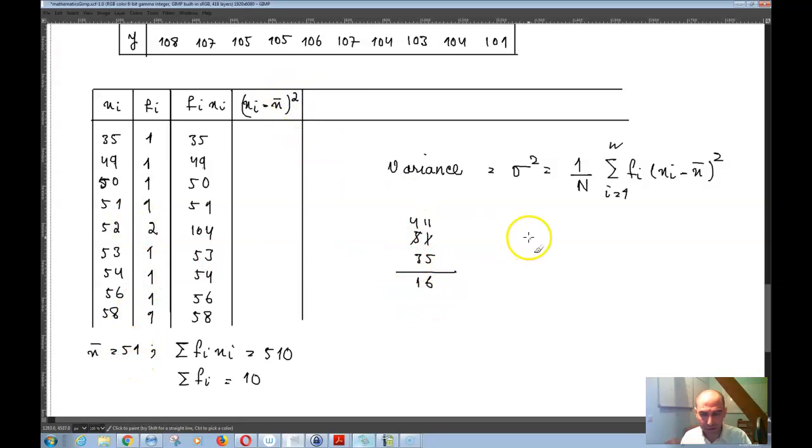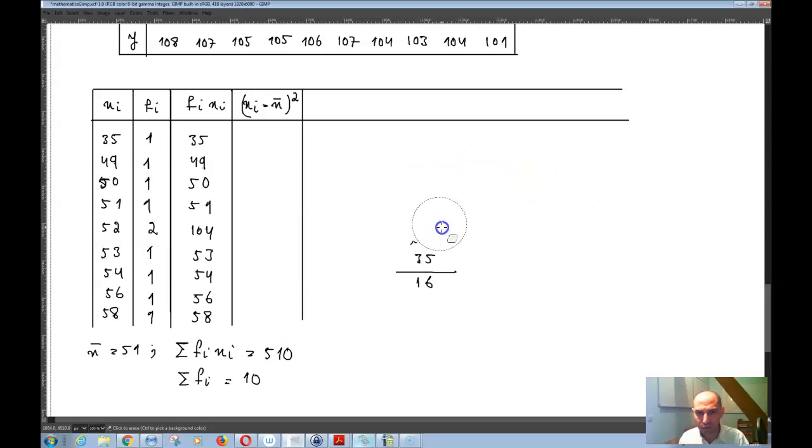And negative 16 squared is equal to some number. And I don't want to calculate actually all of these numbers. I'm actually going to use the shortcut method, because it's too much trouble and it's not really necessary.